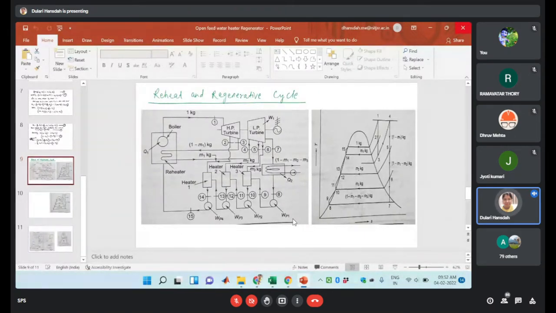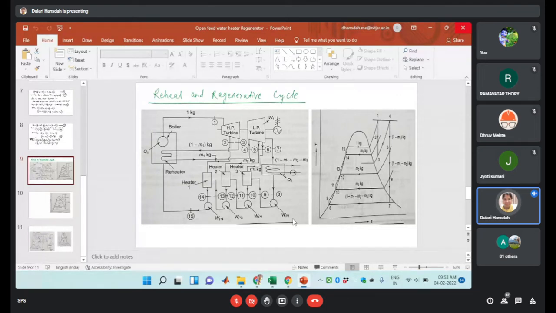Then we also combine the regenerative cycle in this case. So why are we combining the regenerative cycle? The reason is that some amount of heat is added in the feed water before it goes to the boiler. So whatever amount of fuel is utilized in the furnace to get that maximum temperature of the steam will be reduced. Like that we can reduce the fuel consumption and increase the thermal efficiency.